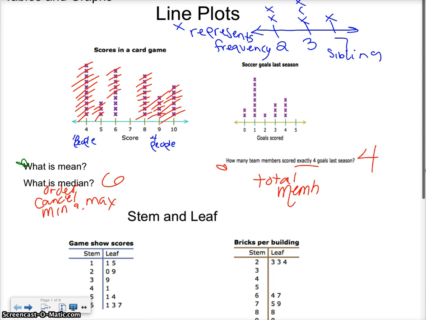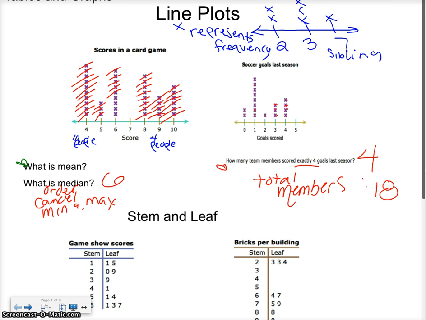That's a goodie. Instead of the mean and median that some of you have in your notes, write total members. That's more appropriate. That's what you'll see. So how many teammates? Well, you count the X's.